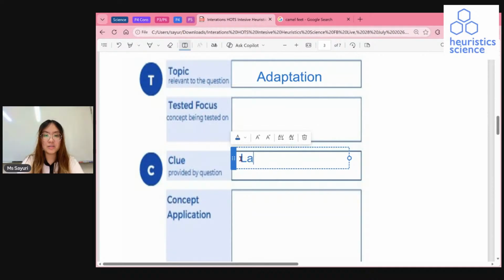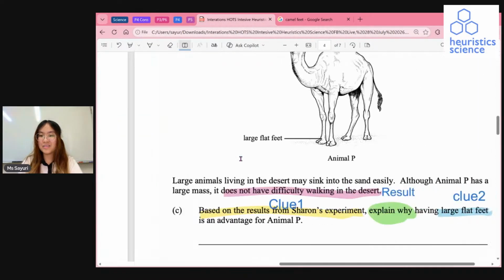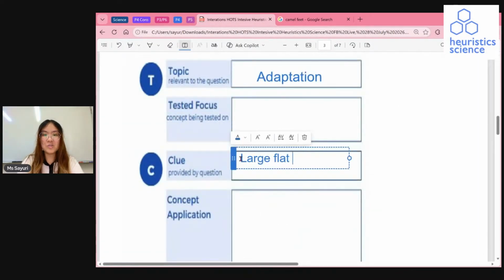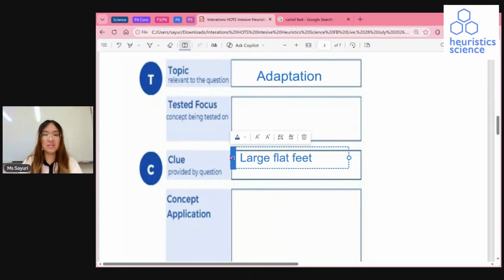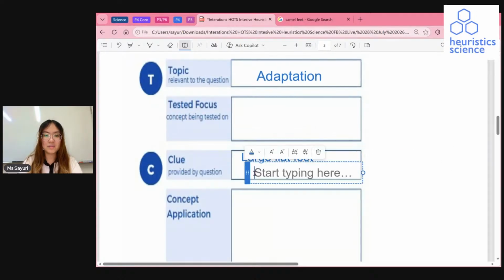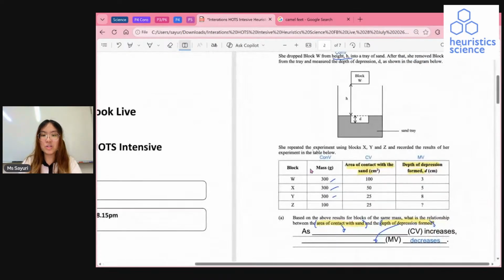Large flat feet. Those of you who have the paper can also write it down together. And then you have this relationship over here.